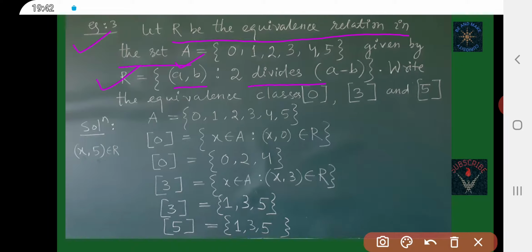The relation is an equivalence relation, no need to check, it is already given. Now here the relation is 2 divides a minus b, then (a, b) belongs to the relation R.